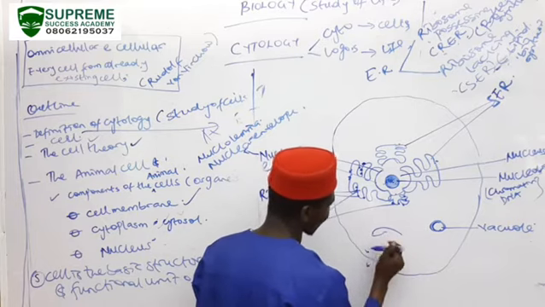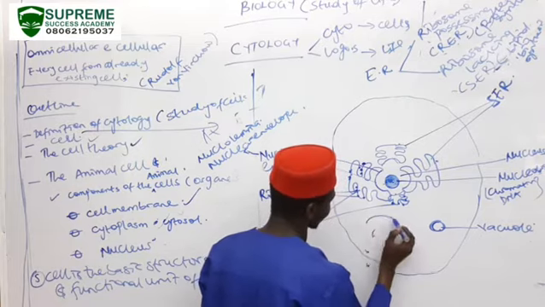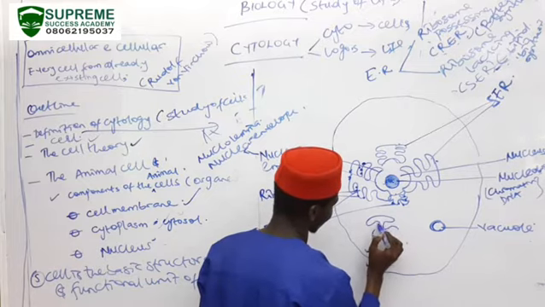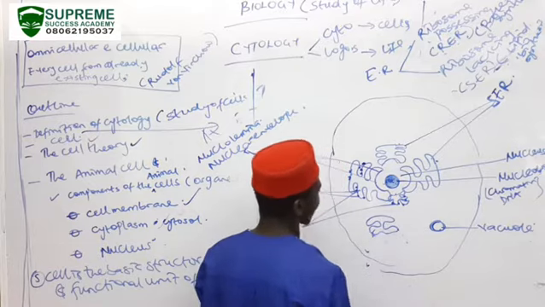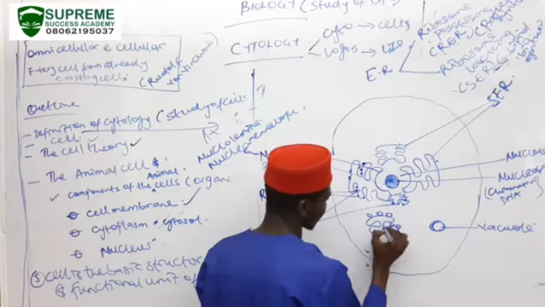You see them looking like this. They have a flattened surface and they have sac-like structures on them.